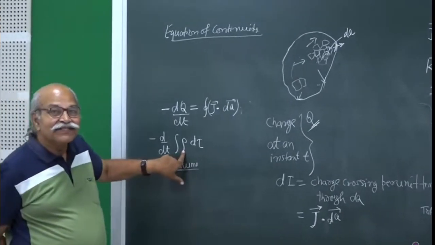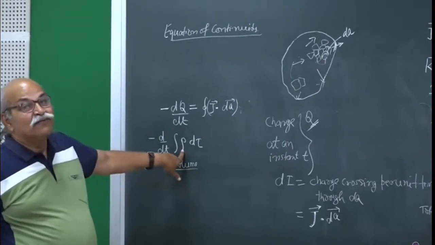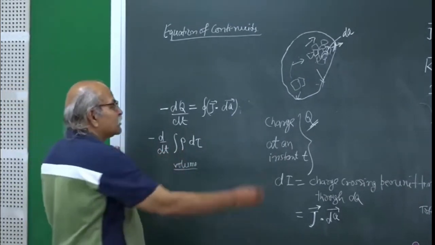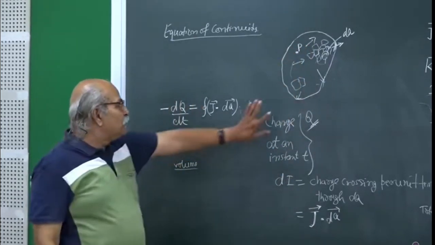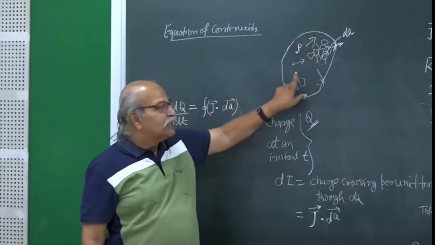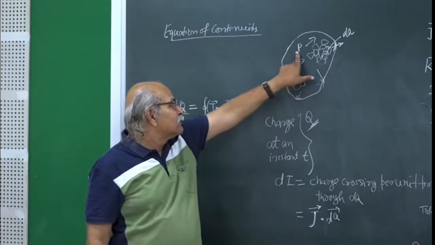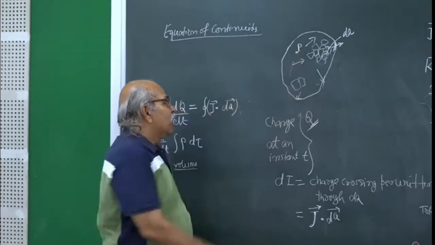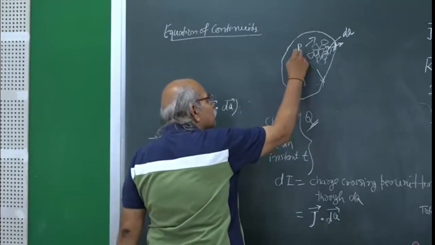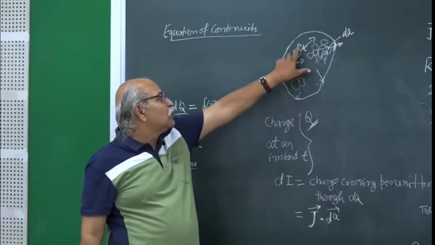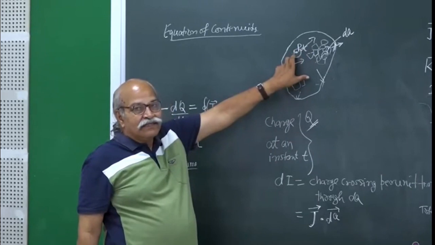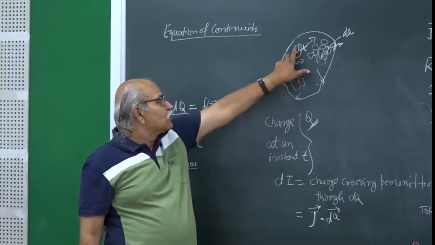So, rho is charge per unit volume. So, if at this point your charge density is rho, it may not be uniform in this entire volume. At this particular point, if the charge density is rho, and here if I make a small d tau, a small volume here, then how much is the charge in that d tau? It is the charge density times volume, so rho d tau.